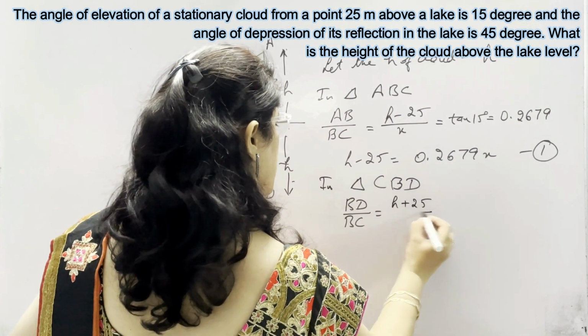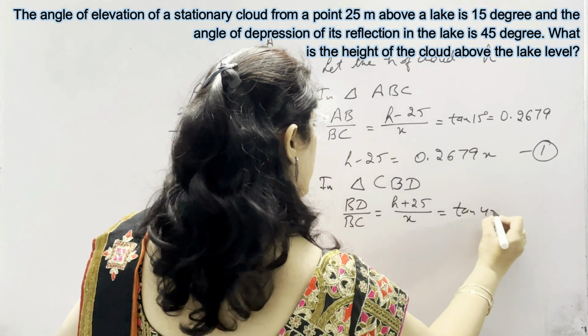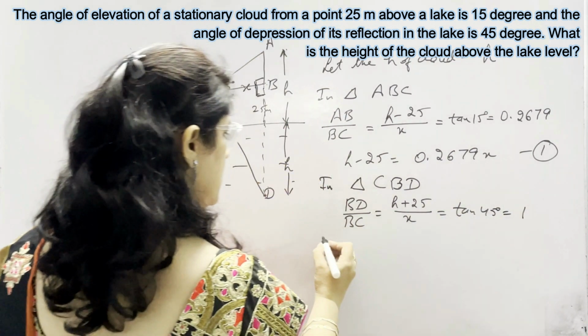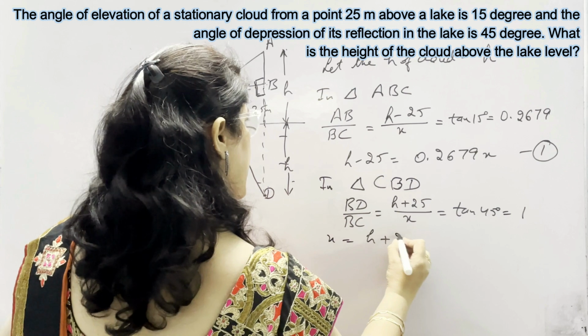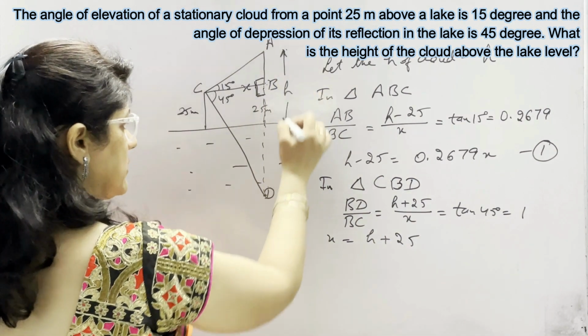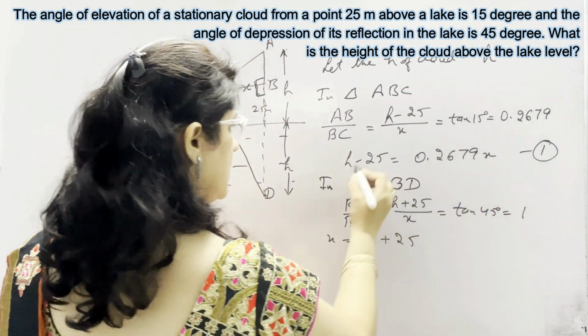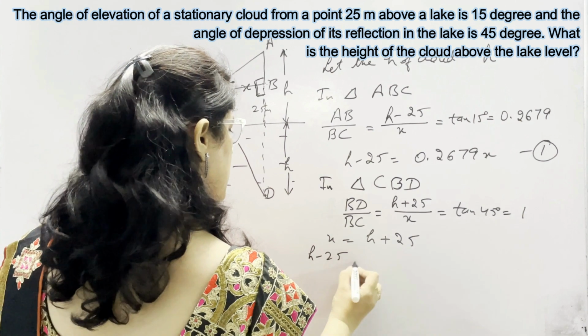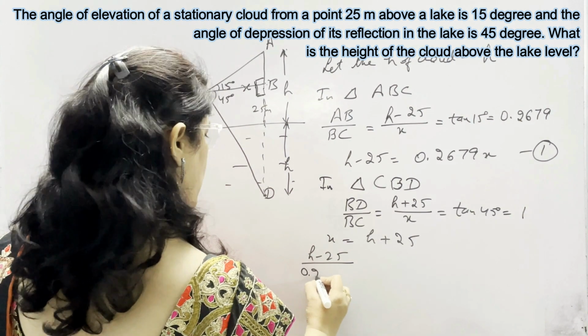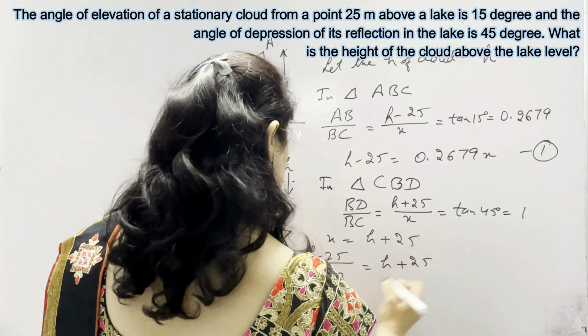BD upon BC, which is X, is tan 45, and its value is 1. So X is equal to H plus 25. Now we need to calculate the height, not X. So we can replace this X. The value of X is (h minus 25) divided by 0.2679, which is equal to h plus 25.